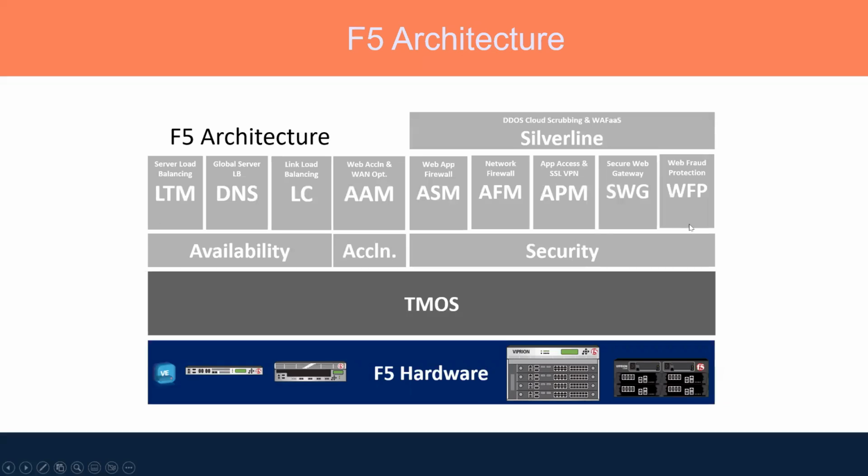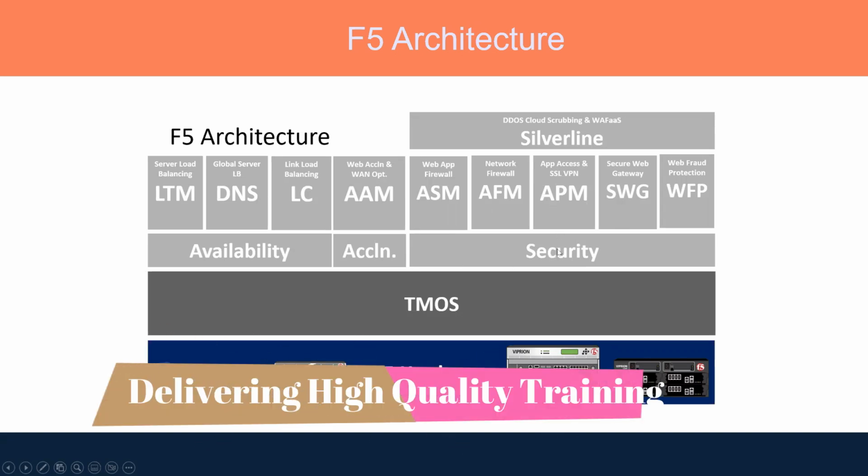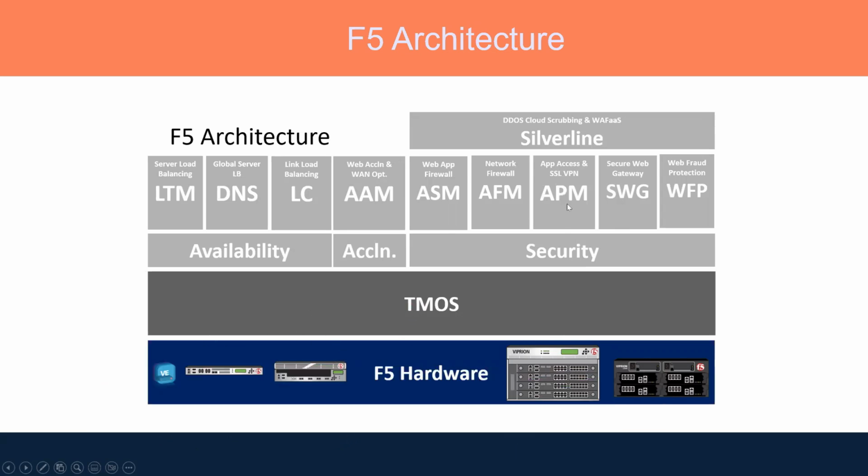So in F5 we have different types of modules. Some modules provide availability, some provide acceleration, some provide security. So APM is a part of the security module. Here you can control application access and VPN kind of things. Okay, so this is the F5 architecture.